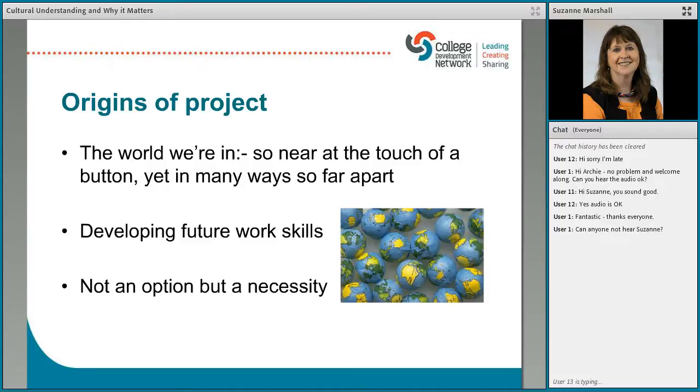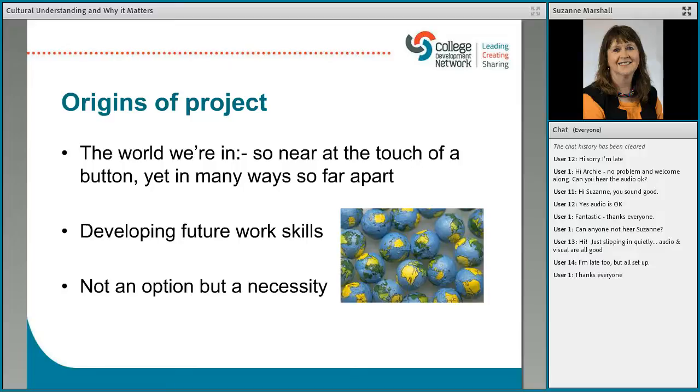We've got the internet, we've got email, Skype, social media, yet when you look at what's happening in the world, whether it's post-Brexit or post the referendum in the United States, the levels of hostility and animosity towards those people that are different shows the need for an understanding of different cultural and national perspectives. Really, an ability to see the world through someone else's eyes and to communicate effectively with them.